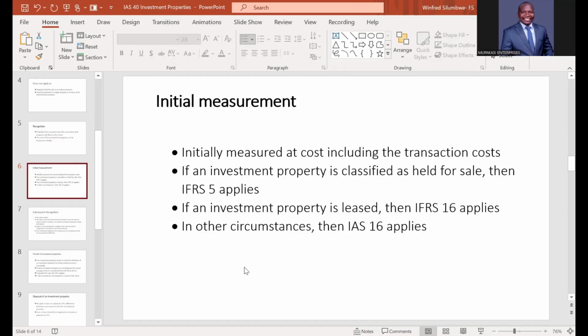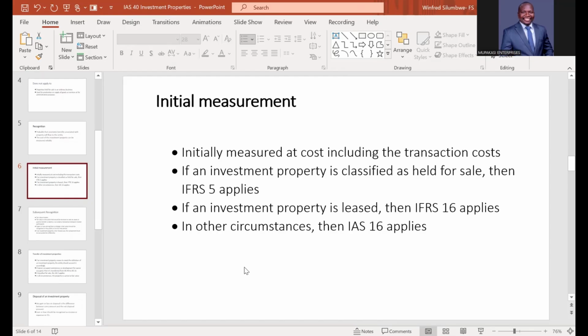The owner of the filling station will be paying rentals to the owner of the trucks. So once there is such an arrangement, that property ceases to be accounted for under IAS 40, and it goes to IFRS 16 leases.